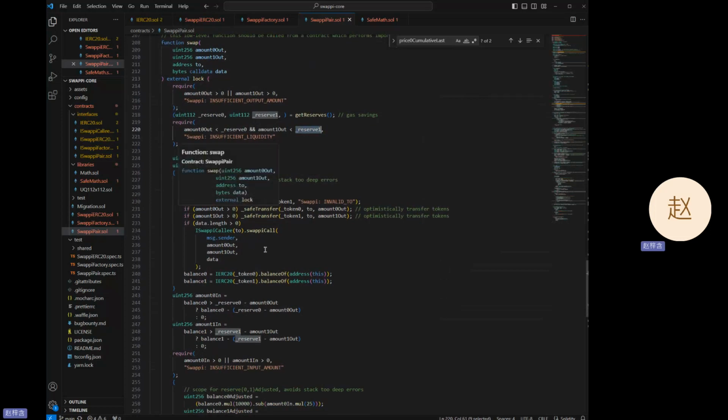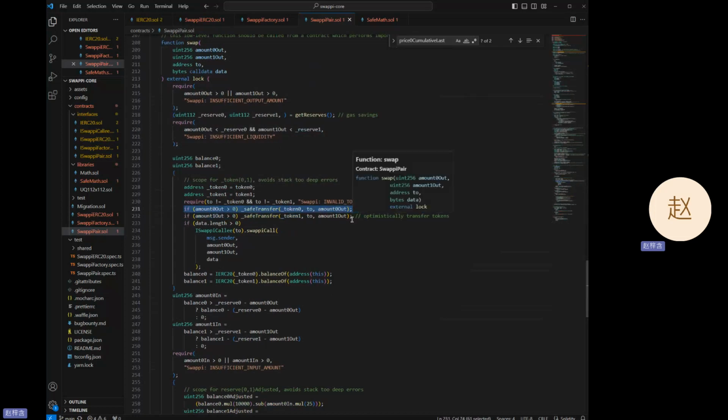And then first we will transfer tokens to the target address. And here is the Swappi call. So after the transfer, some users do some operations.